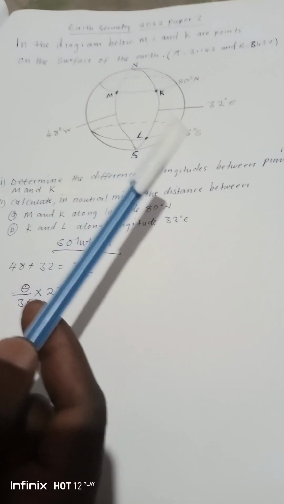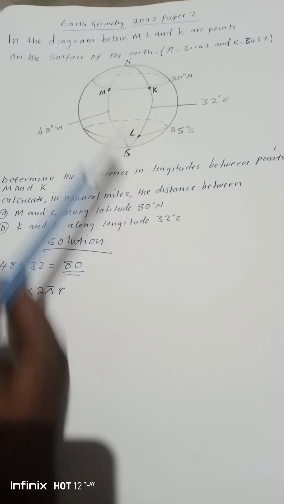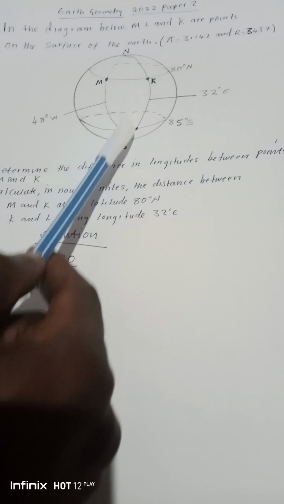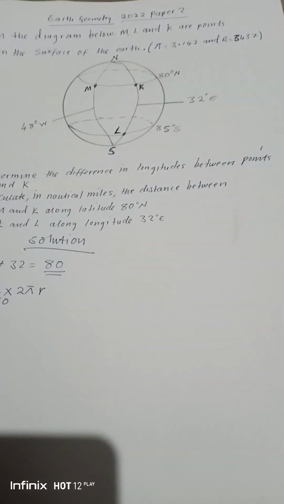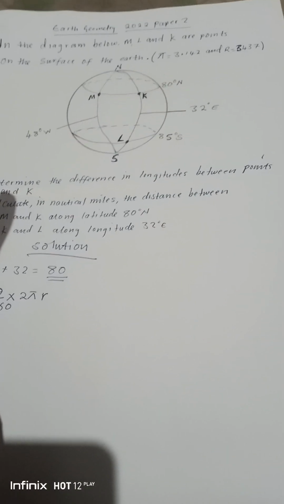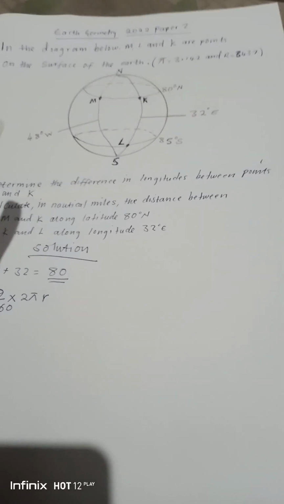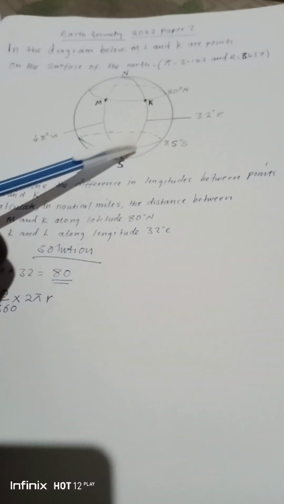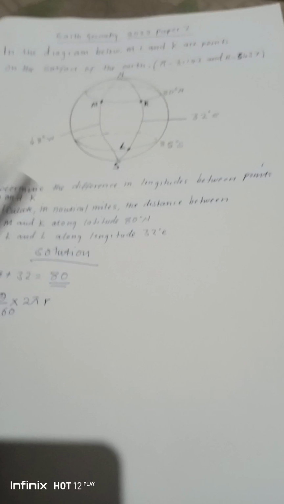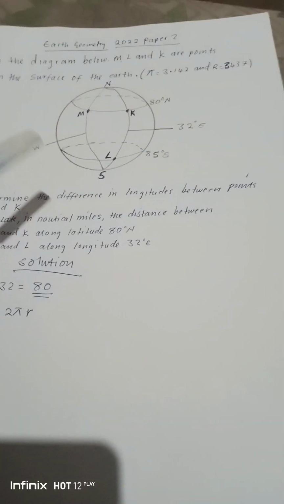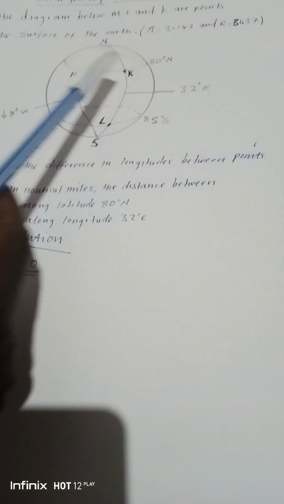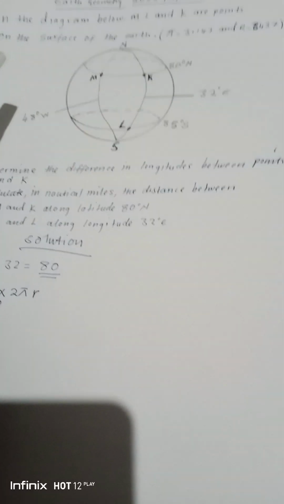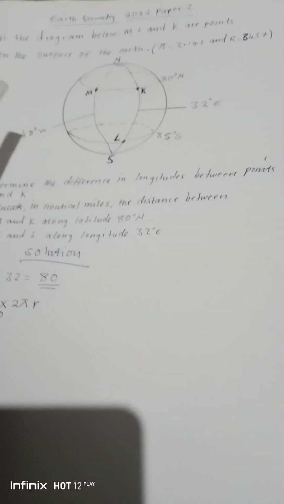Then all the longitudes, including the Greenwich meridian, the one which determines time, the one which goes like this, are all great circles. So if the distance is along the longitude, we are going to use the big R. Why? Because they are great circles. Now if it is along the latitude, we have to use the small r. Why?